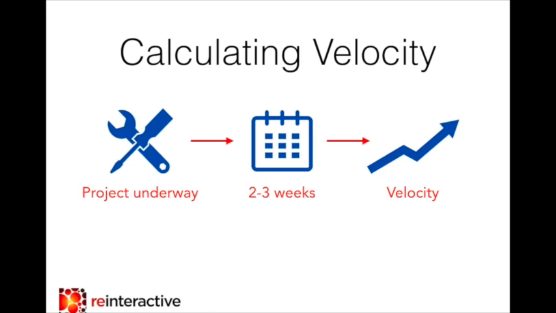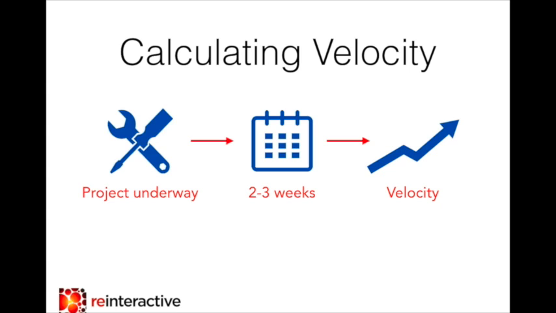For example, we might have delivered 20 points one week, 15 another, and 19 the third week. If we take the average, it's 18 points over that 3-week period. The reason we take the average over that number of weeks is that we don't want to get fooled by outliers.